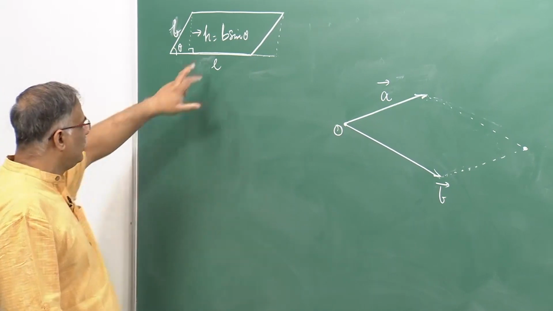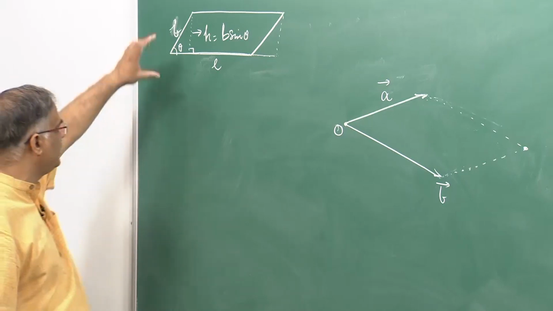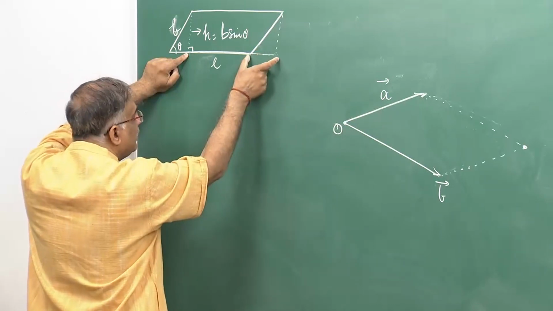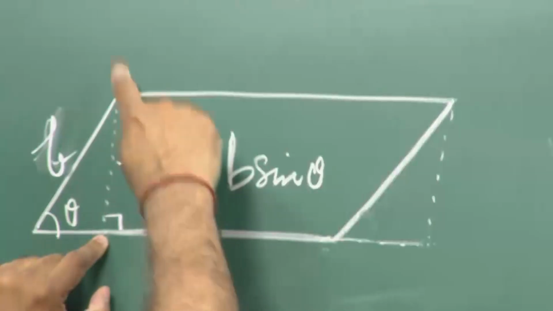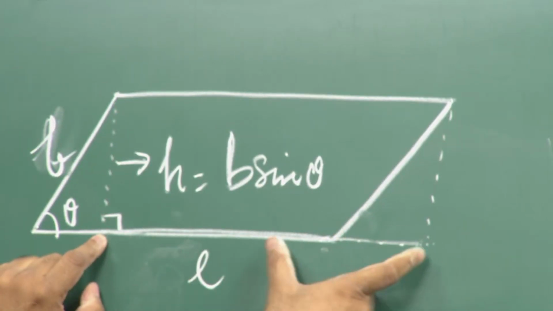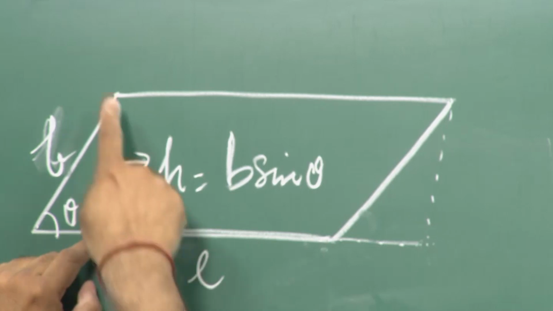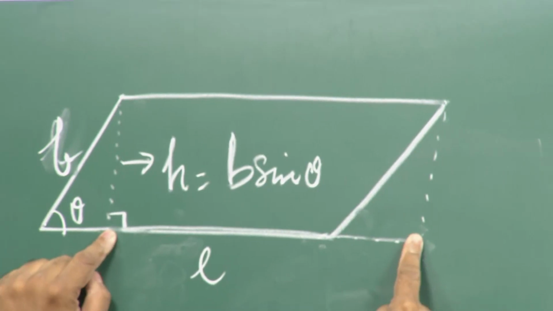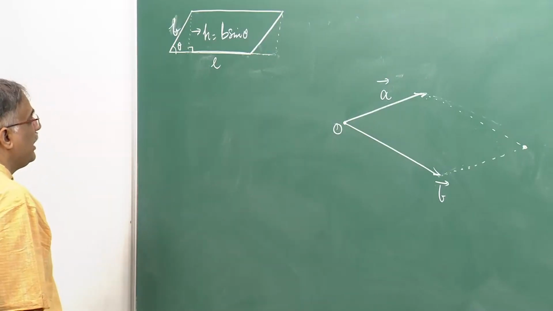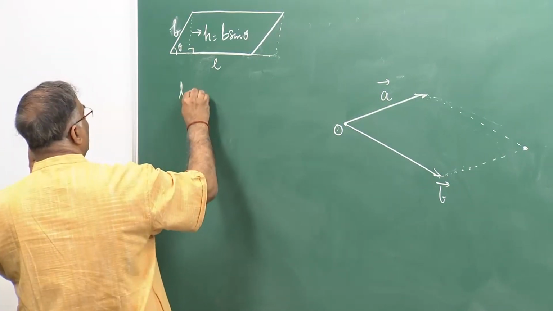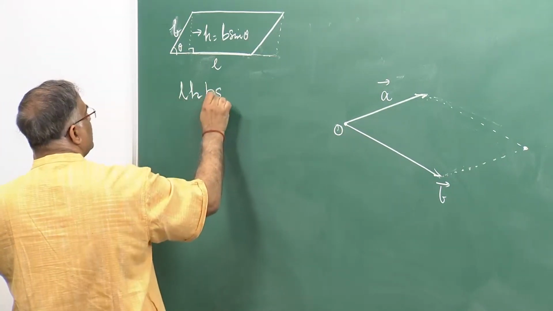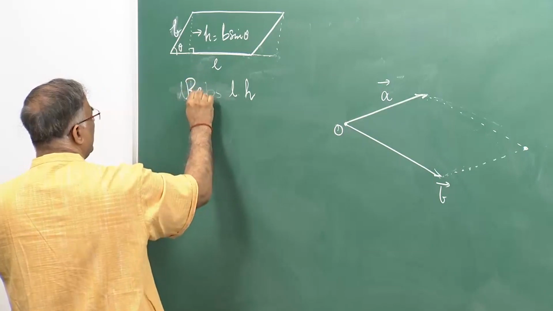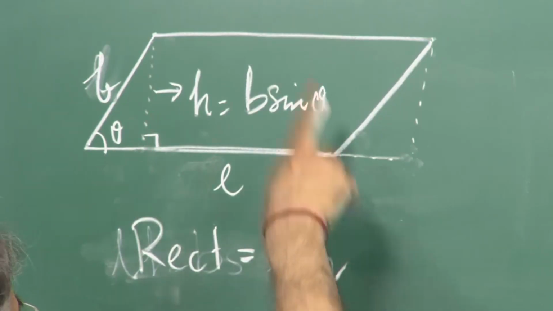So this H equal to B sin theta is the height. Basically if you take the height, this part and this part, because this is also theta, would make up this whole part, which is same as this. So this length and this length is same, so this whole thing is actually L. So if you look at the area of the rectangle that is formed, the area of the rectangle is L into H, length into the breadth.